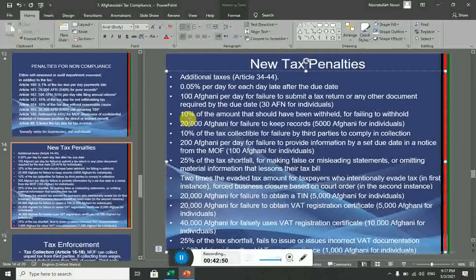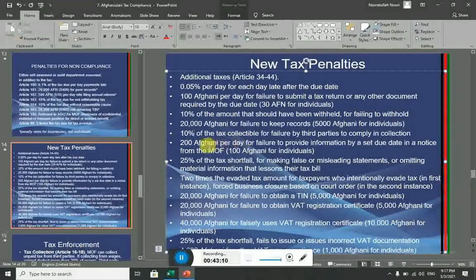Okay, this 10% remains the same. This 20,000 also remains the same, but 5,000 becomes for individual businesses, or we can say for sole proprietorship businesses. This is also 10%.